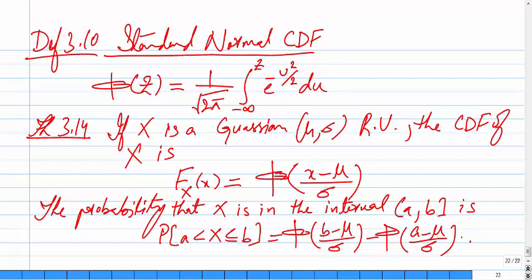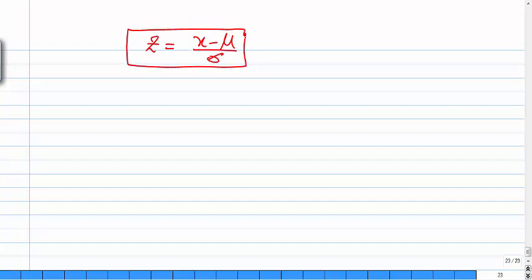Now if we know the standard normal CDF, we can easily calculate the CDF of a Gaussian random variable with any mu and sigma. From here we can also calculate the probability within an interval. We know that there's a formula that Z becomes x minus mu divided by sigma. So this is the relation used to convert from a Gaussian to a standard normal value.